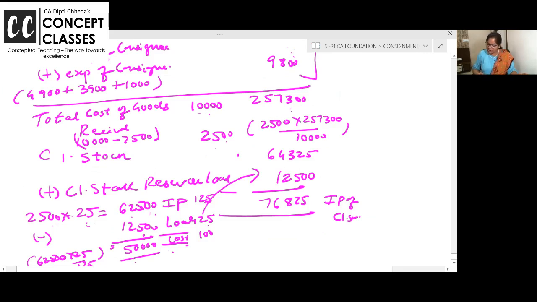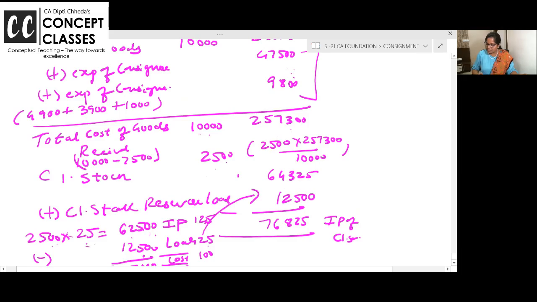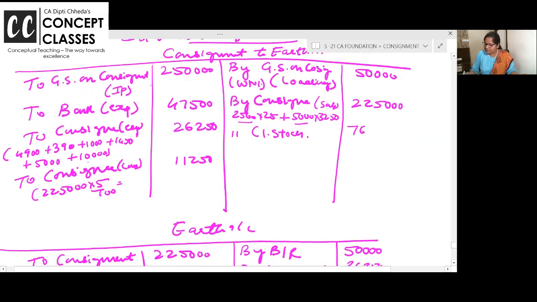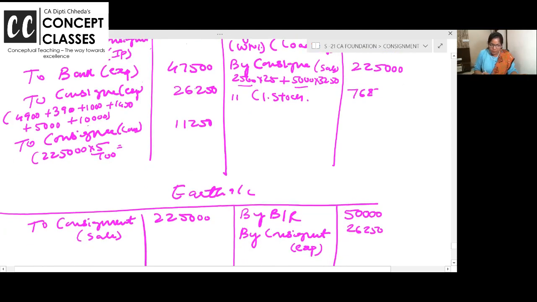Goods which are sent on the consignment, including the loading, are 76,825, and reverse the loading.